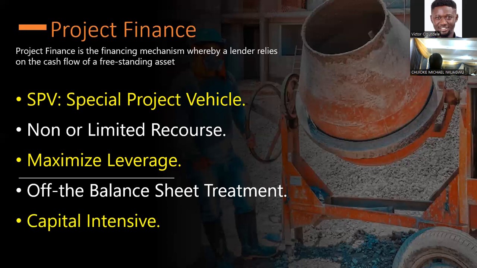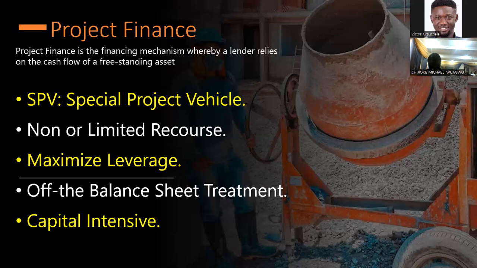Now, before we dive into project finance, I'm quite sure you are getting the understanding already. So let me bring it even closer. Let's assume you went to get a car. You're in a transporting business. You have a company, but you went ahead to get a truck.